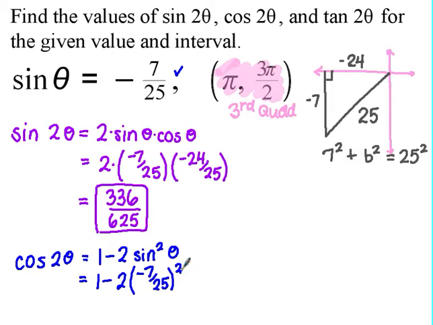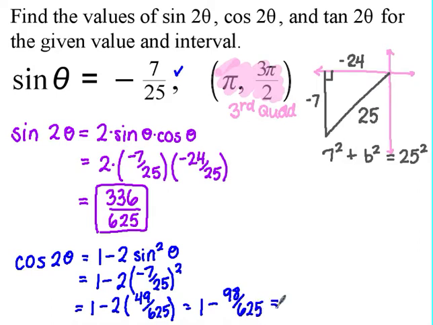So really right now I get 1 minus 2 times 7 squared, which is 49, over 25 squared, which is 625. So really it's 1 minus 98 over 625. So what is my answer going to be?